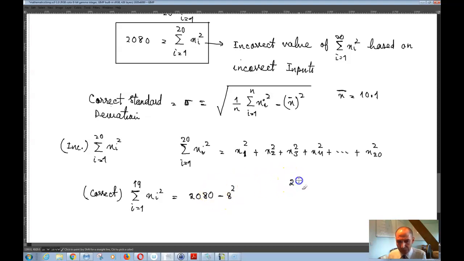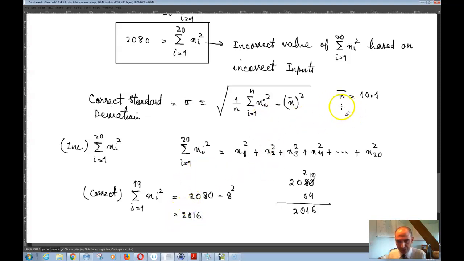So 8 squared is equal to 64. So 2080 minus 64 is equal to 2016.